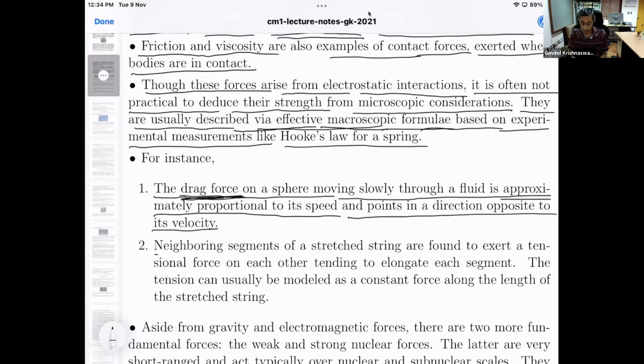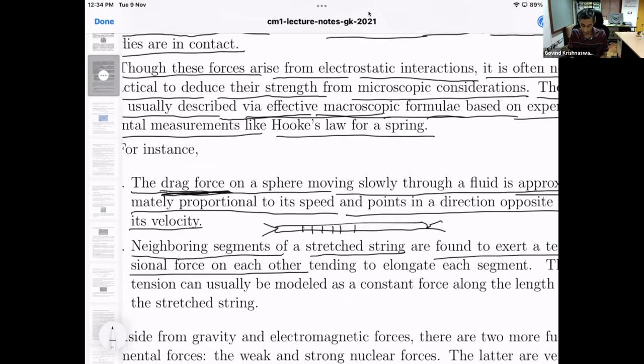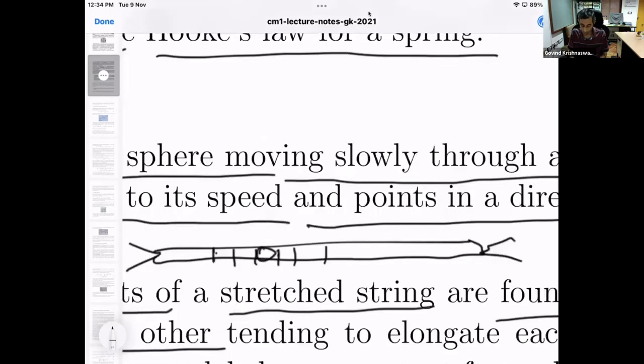Similarly, neighboring segments of a stretched string. So you have a string here, and I've enlarged it a bit. You have neighboring segments of the stretched string. They are found to exert a tensional force on each other. So suppose the string is stretched between two clamps here, then the element here pulls the element here to the left, and the element here pulls the element in the middle.